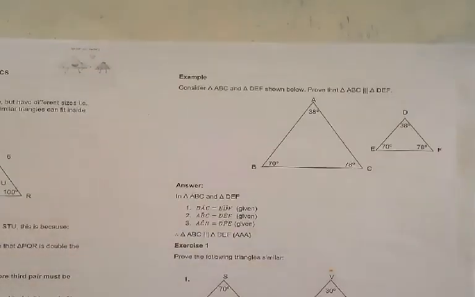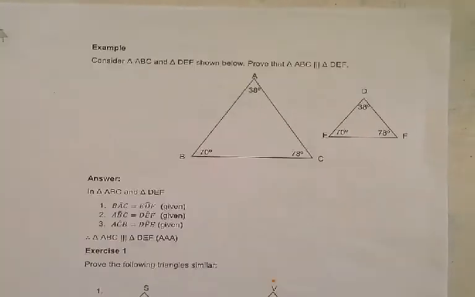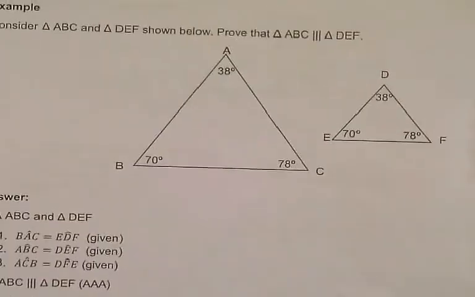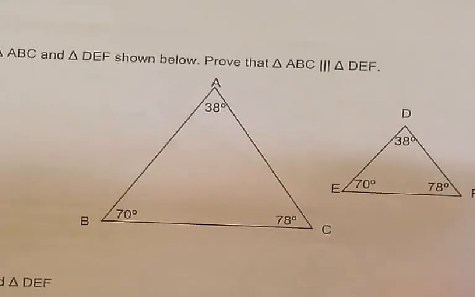So our first example, and Ms. Saunders has used 3 letters, so we're also going to practice using 3 letters, not just 1 letter. Consider triangle ABC and DEF. Prove that they are similar. So we can see the angles. So using 3 letters for an angle, BAC would be the same as EDF.